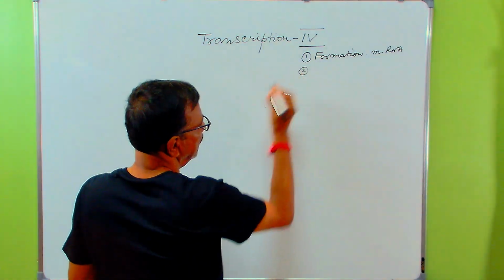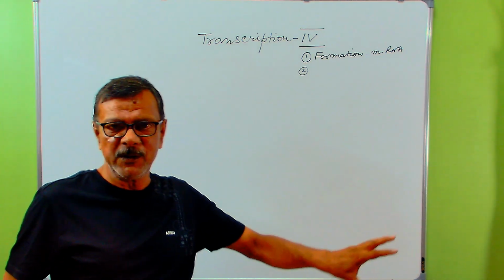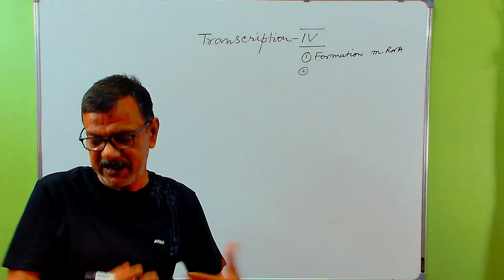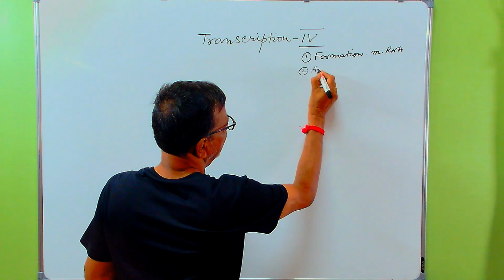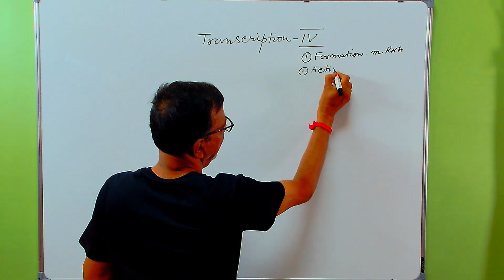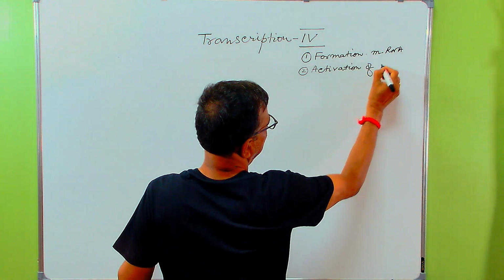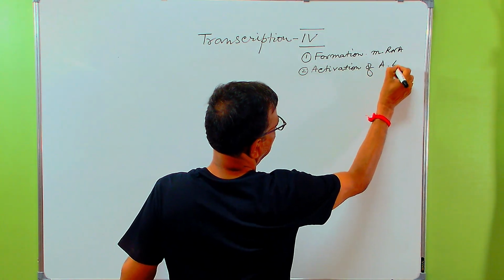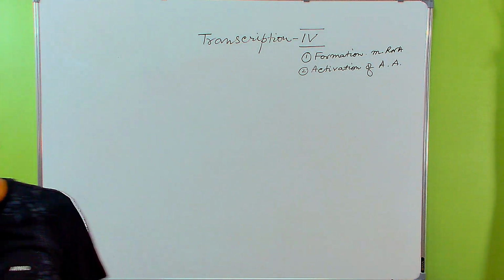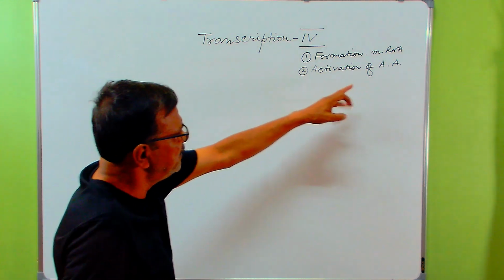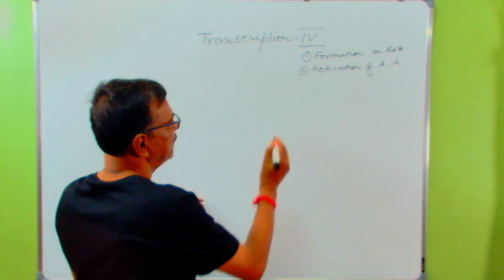Number two, we will go in the cell. There are amino acids that have to be activated. So there is the activation of amino acid. Part 2. Number 3. Now this activated amino acid will get attached with the tRNA.